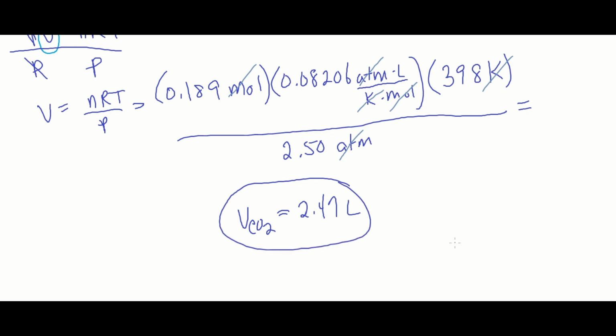Our answer should have three significant figures because out of all the measurements, the one that has the least precision has 3 sig figs in its absolute scale.